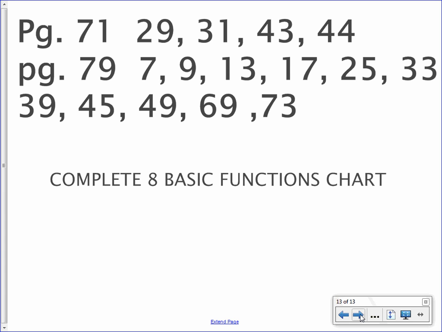This is your homework. This 8 basic function chart needs to be filled out by Thursday. It doesn't need to be filled out right now. I will get an answer key online, but not today, because I want you to work on it by yourself for a little bit.